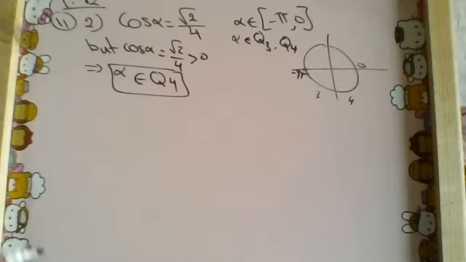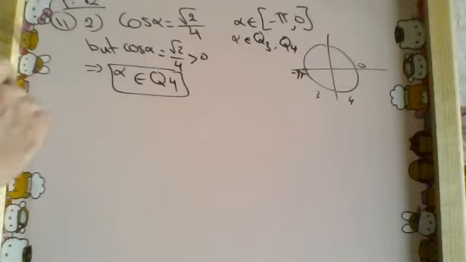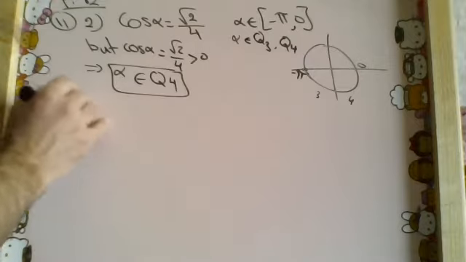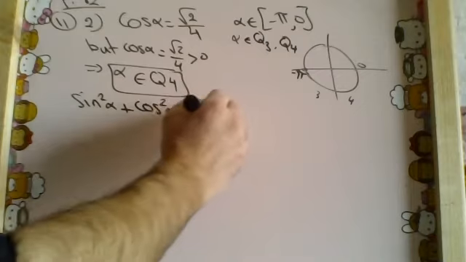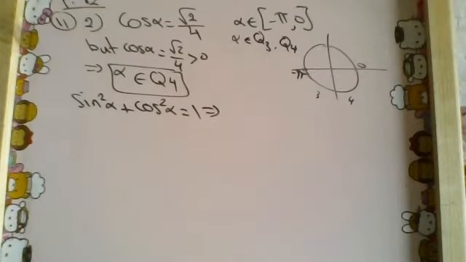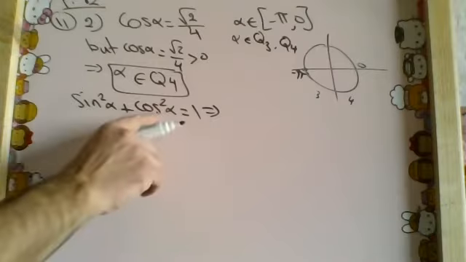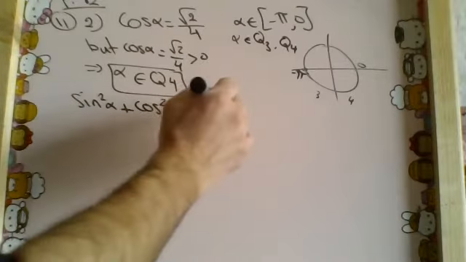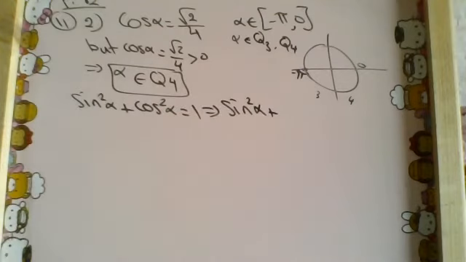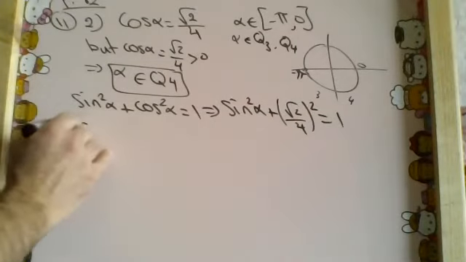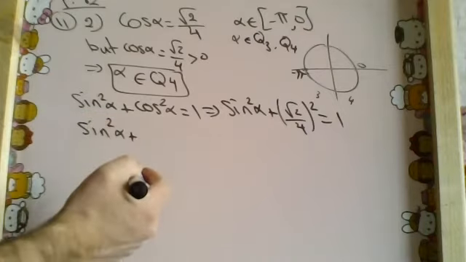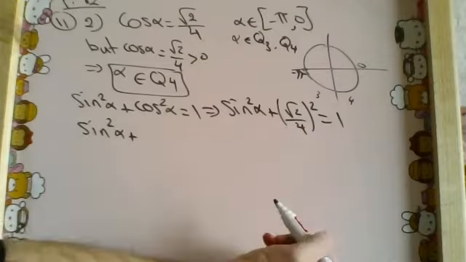Continue. Okay, now let's find the sine. We have a rule: cosine to power 2 alpha plus sine to power 2 alpha equals 1. We replace cosine alpha by radical 2 over 4, all to power 2, plus sine to power 2 alpha equals 1.